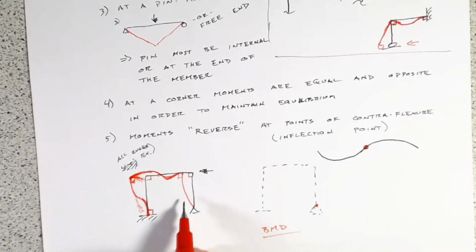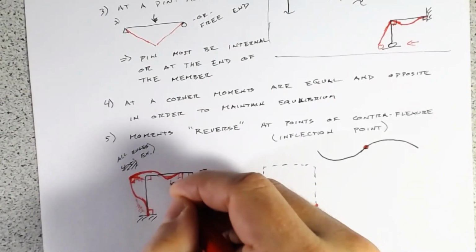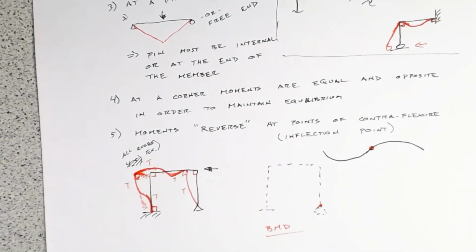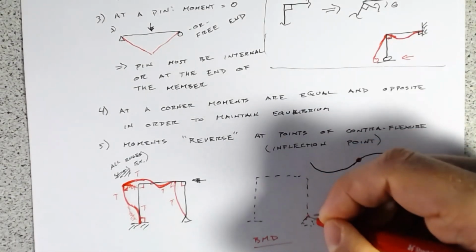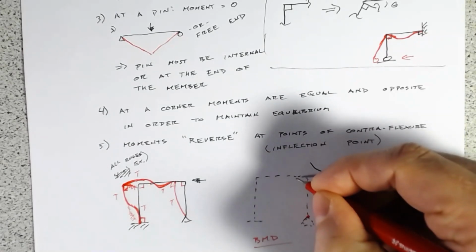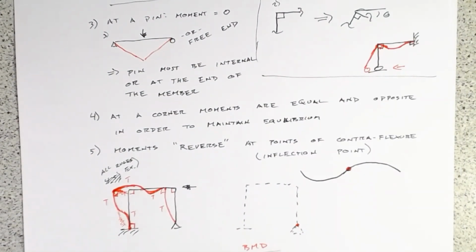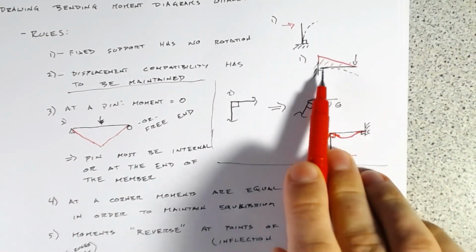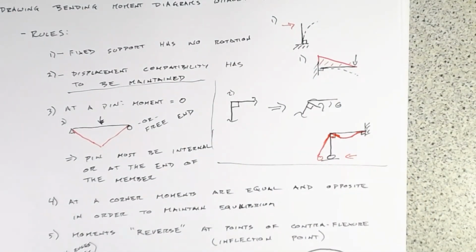So all we have to do now is plot our bending moment, and let's just plot on the tension side. So if this beam is bending this way, the tension side is over here, here, here, here, here. I've just put a little T where we expect tension to be. We know it's 0, and we know it has to come up to some point. Well, there's only one load here. So if you think about our cantilever, with one load, your moment's just going to increase linearly with distance away from that load.